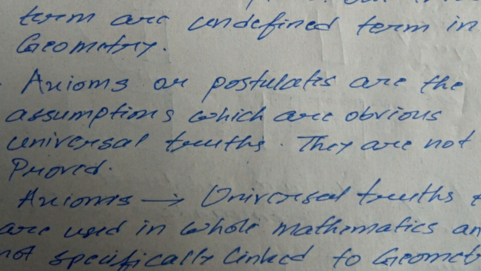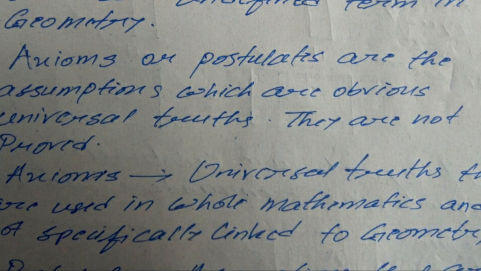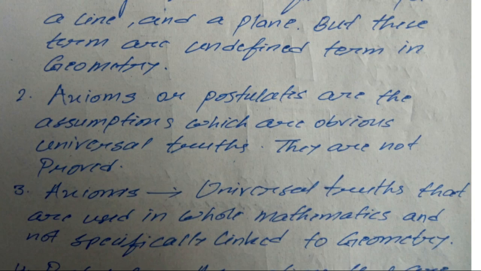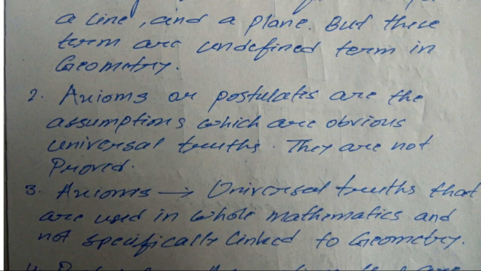Again, what is an axiom? The universal truths that are used in the whole of mathematics and not specifically limited to geometry are known as axioms. Further, I will define what are the axioms taken by Euclid.